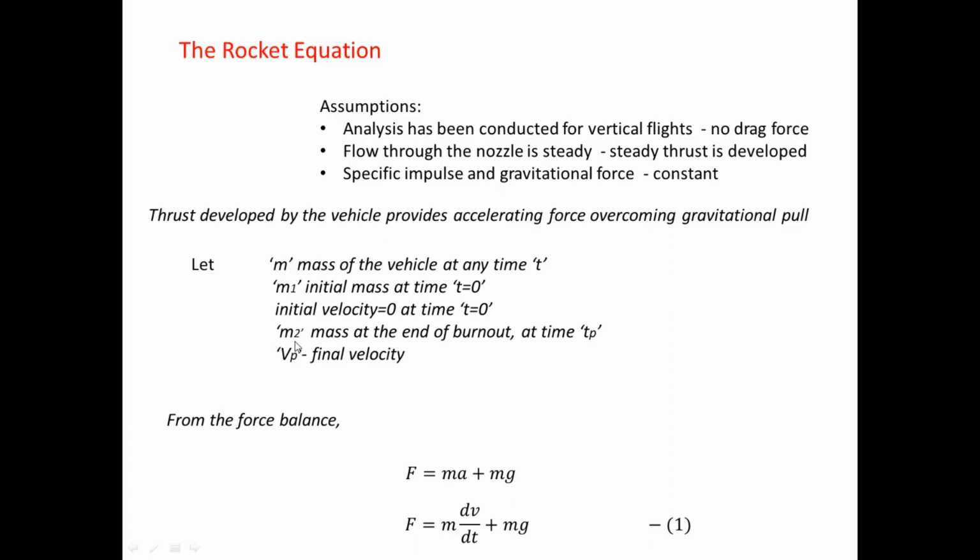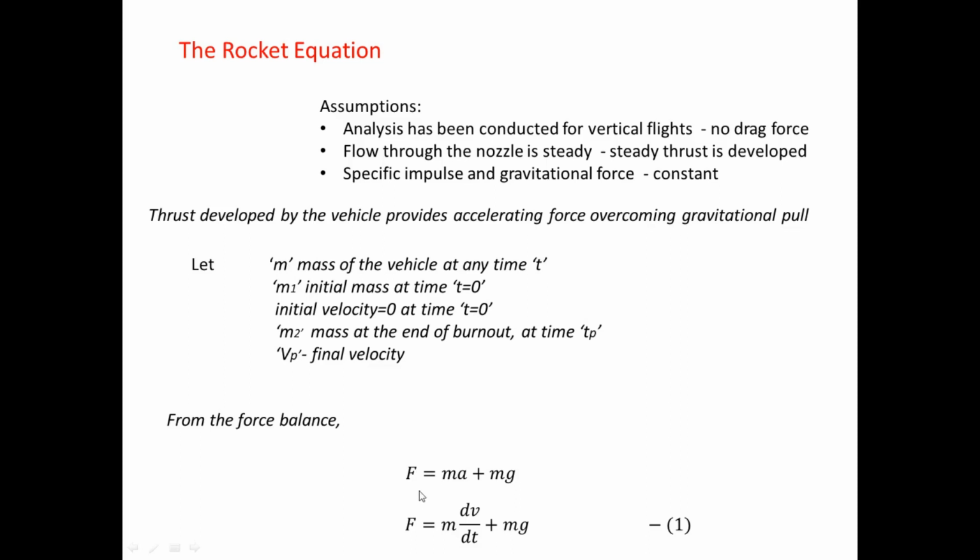So at a specified time tp, let m2 be the final mass of the vehicle and m be the intermediate mass at any time between t equal to 0 and t equal to tp. At any instant t, m is the mass.